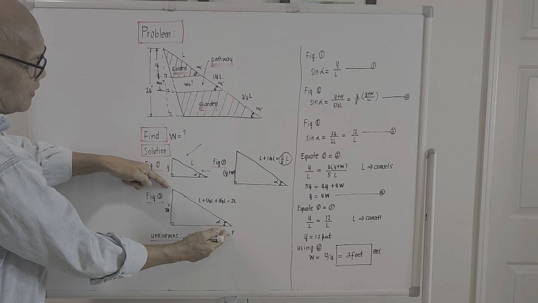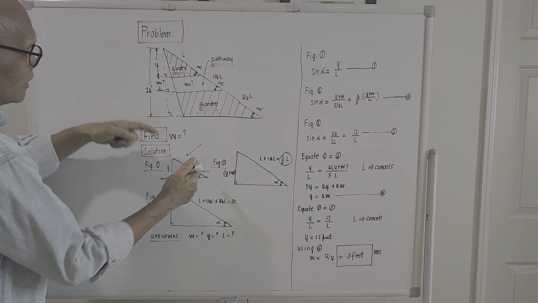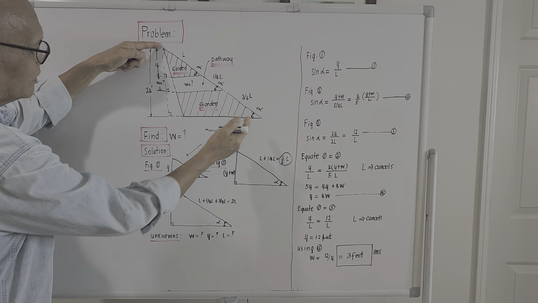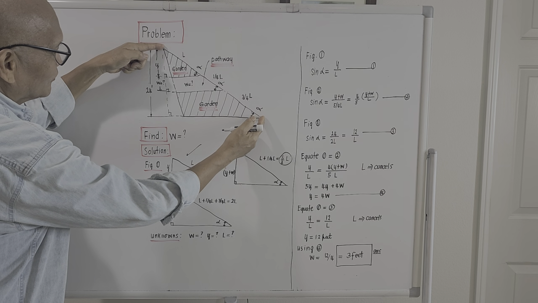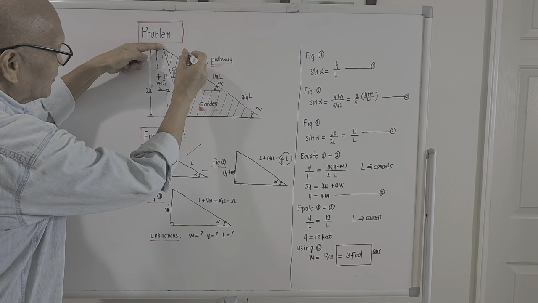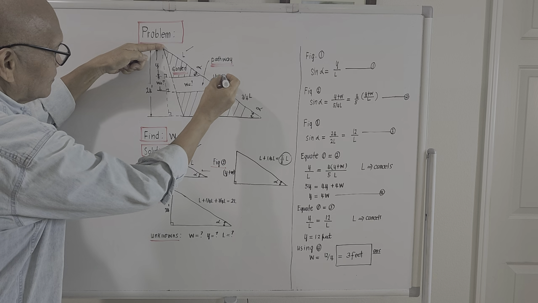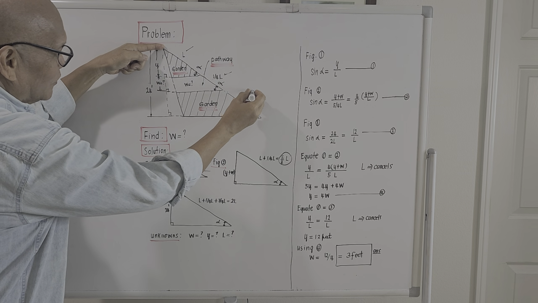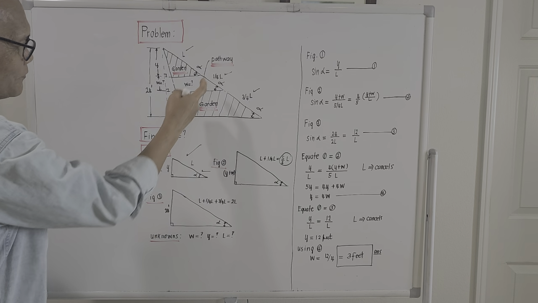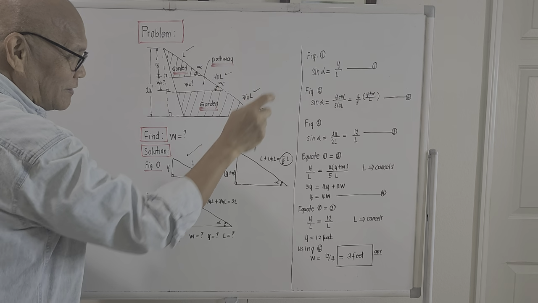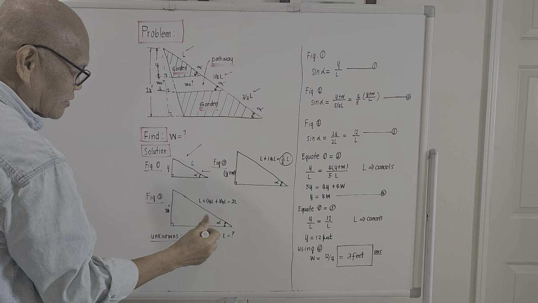That is still alpha. And the total hypotenuse in terms of L, from this point here up to this, will be the summation of L plus 1 fourth L plus 3 fourths L. 1 fourth plus 3 fourths is L, so L plus L will simply be 2L.